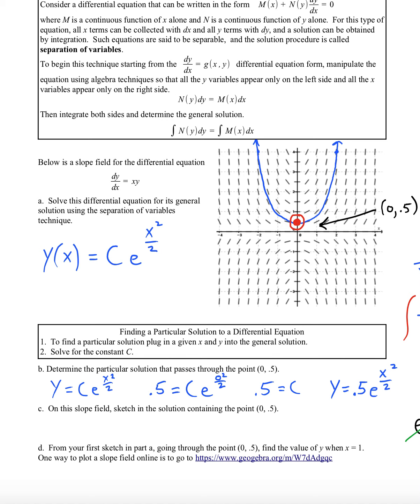Now it says find the value of y when x is 1. Well, for that, I'll start with our particular solution. Plug in an x of 1.